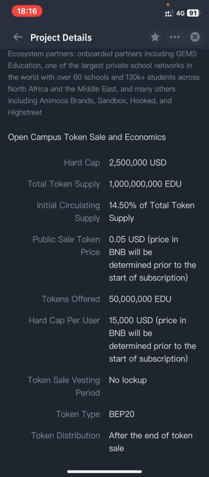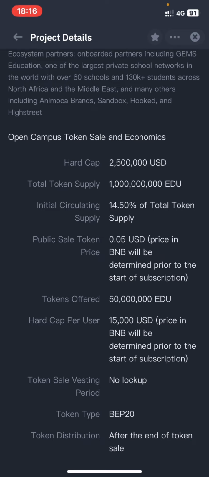Cap: 2,500,000 USD. Total token supply is 1 billion EDU. Initial circulating supply is 40.50% of total token supply. So public sales token price is 0.05 US dollars.